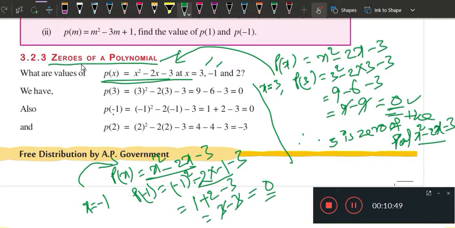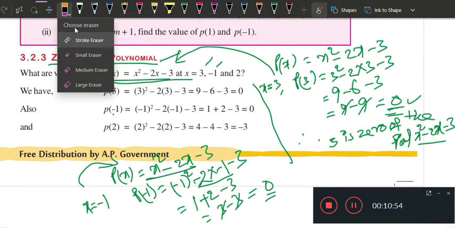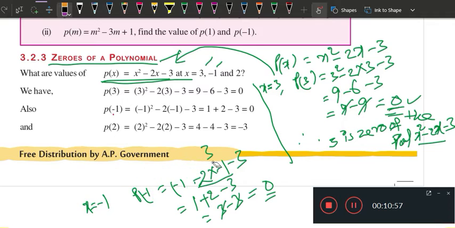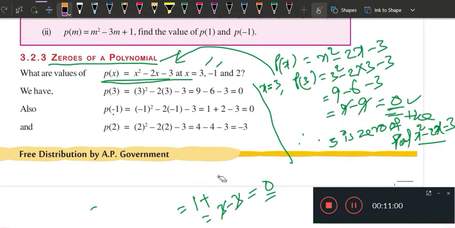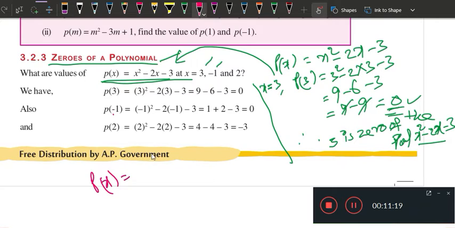Now take x equal to 2. Okay children, p of x equals x square minus 2x minus 3, this is the given polynomial.